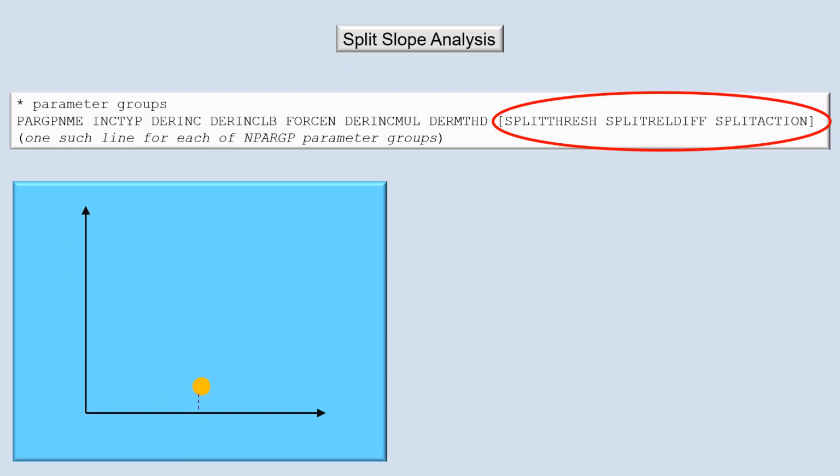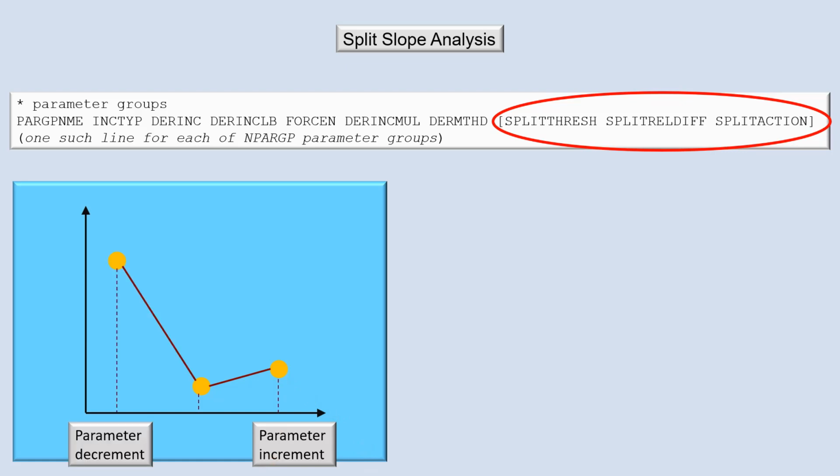So we increment the parameter when we're doing finite difference derivatives, and we're assuming that we've got a 3-point finite difference stencil. We increment the parameter, and perhaps this is the model output. Then we decrement the parameter, and perhaps this is the model output.